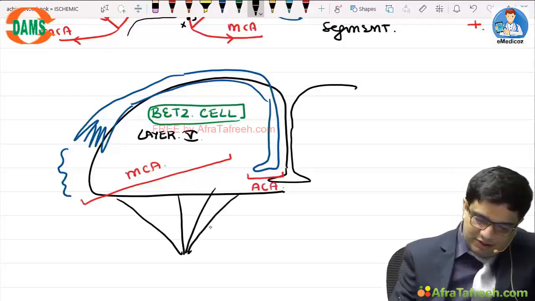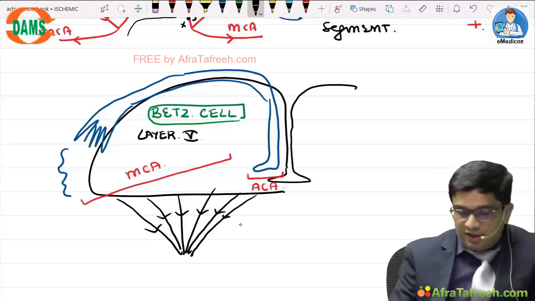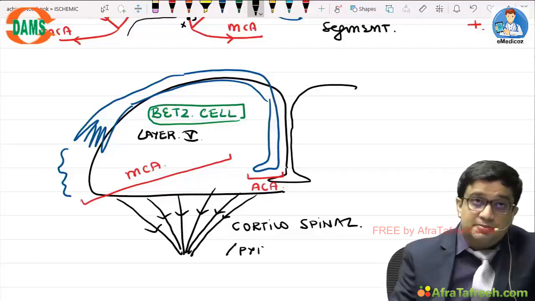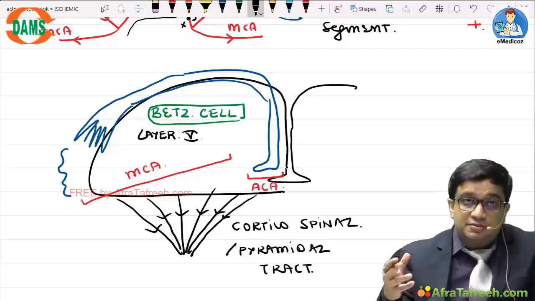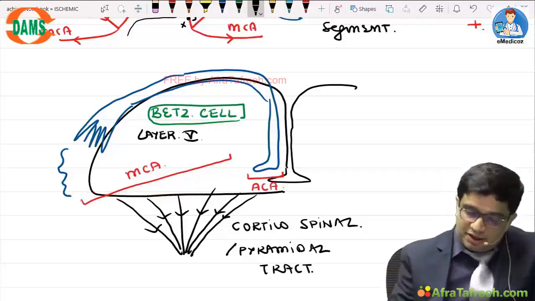So if I locate, everything is going to get down like this in form of a tract which is known as the corticospinal, also known as the pyramidal tract. So there are the cells in the brain which are known as pyramidal cells, large cells of Betz, you know, present somewhere in the layer 5. So they give origin to this tract, the corticospinal or the pyramidal tract.